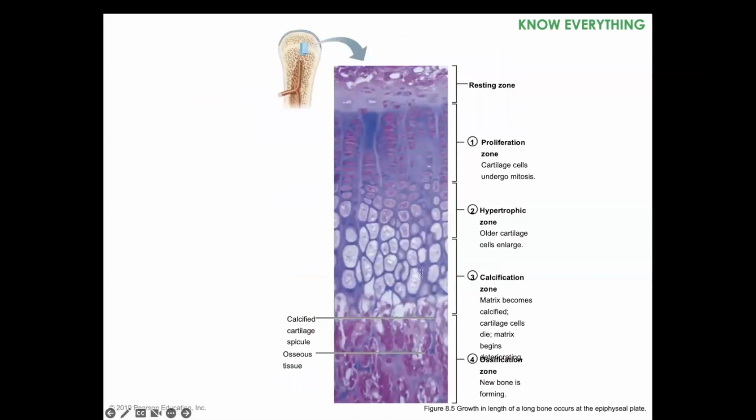All right, so this diagram shows how long bones grow. In the top of the image, you see a white layer within the epiphysis of a long bone. That's called your epiphyseal line or your epiphyseal plate, better known as your growth plate, which is found in immature bone of children and teens.